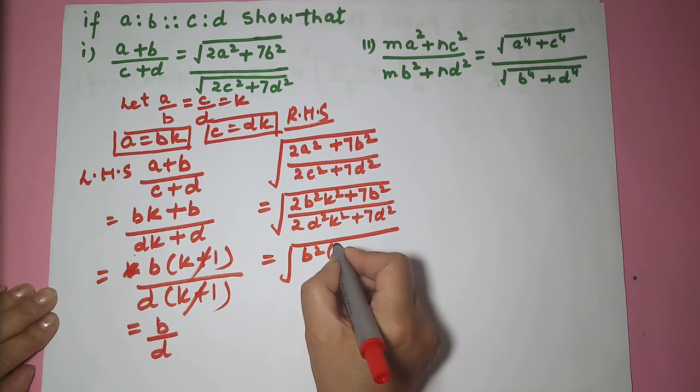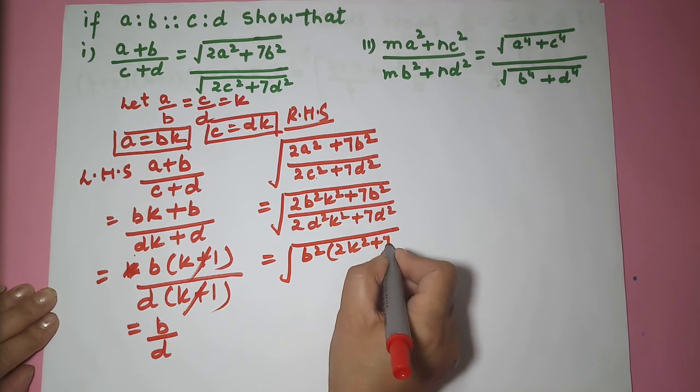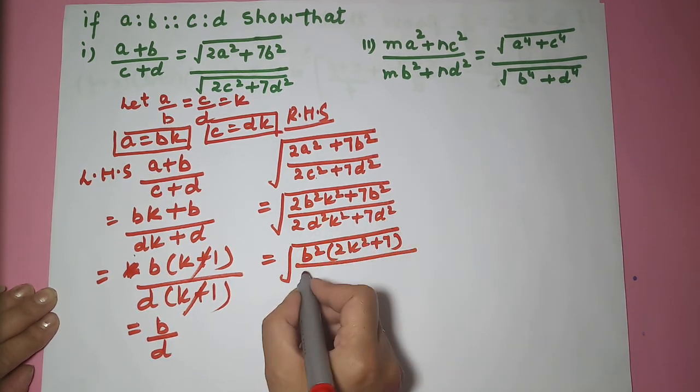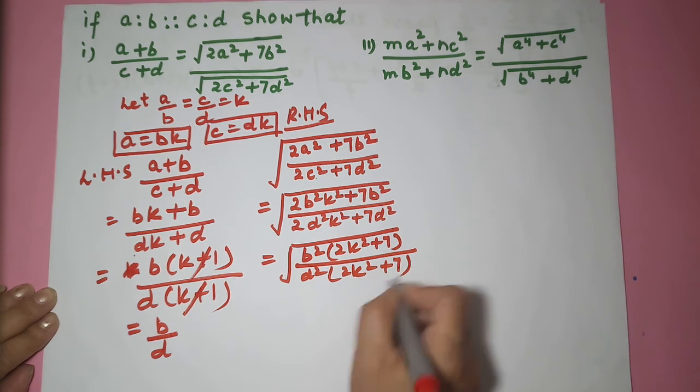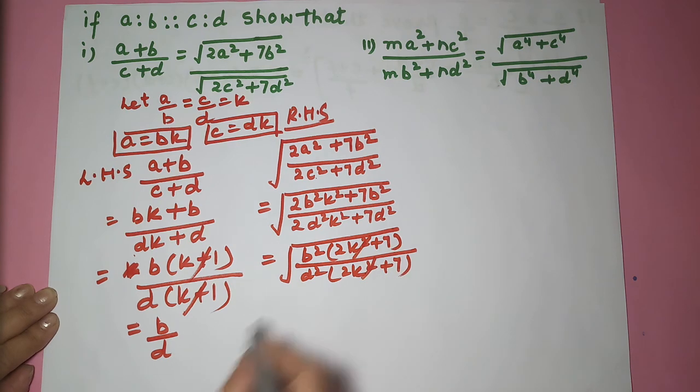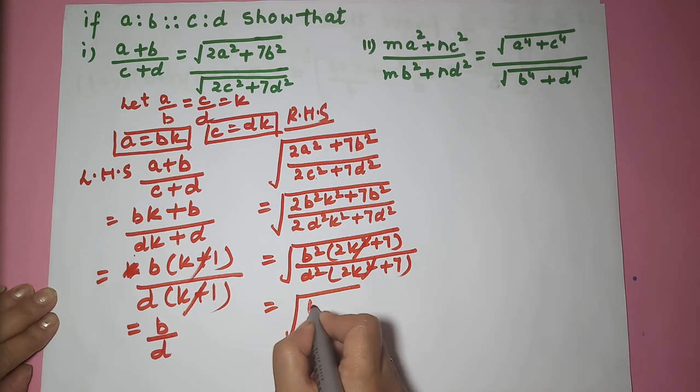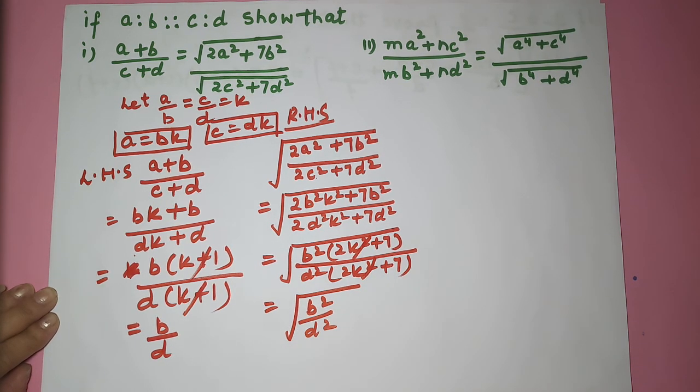So inside we'll have 2k square plus 7 divided by, here you can take d square common. Inside you will get 2k square plus 7. Now this and this will go. So you're left with under root of b square by d square. Well, that will come out of the root and it will be b by d. So you have proved that your left hand side is equal to right hand side.